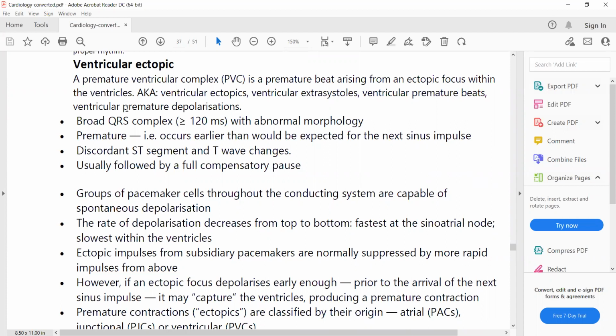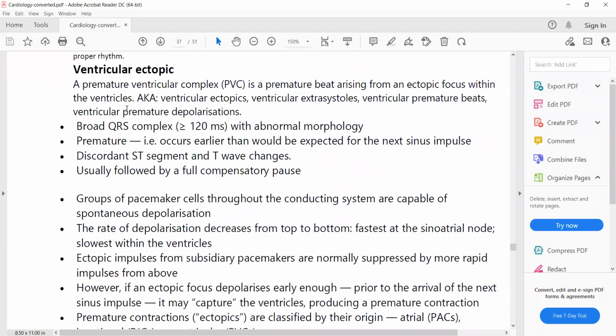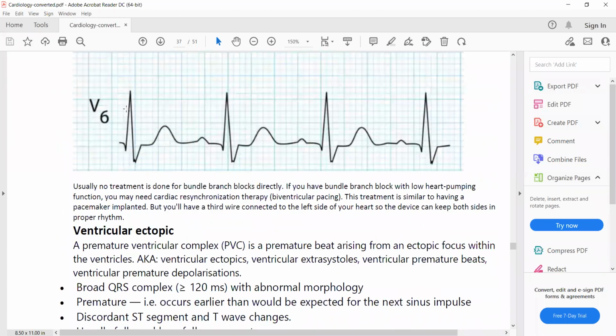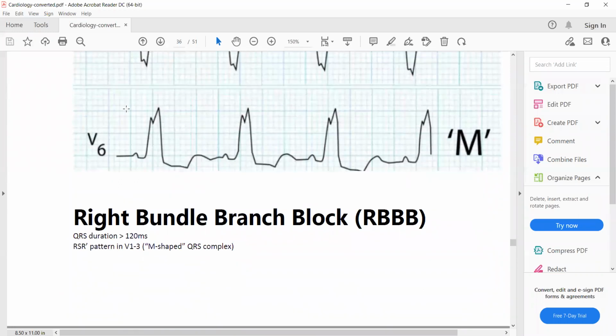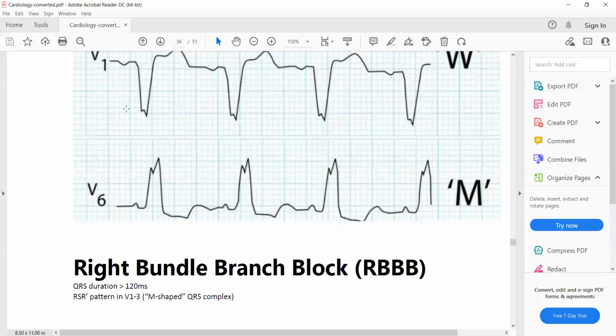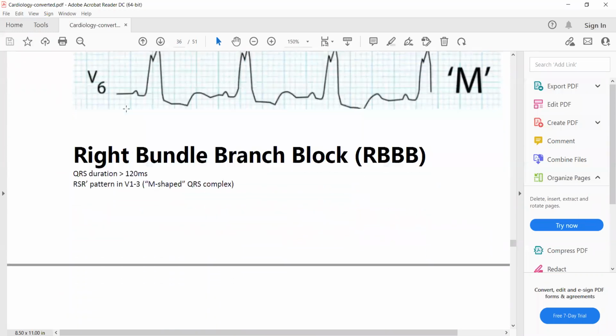So far we have discussed that broad complexes, if they are regular and with tachycardia, then it will be ventricular tachycardia. Polymorphic broad complexes, torsades de pointes. Broad complexes in V1, V6, 1 and AVL, left bundle branch block.